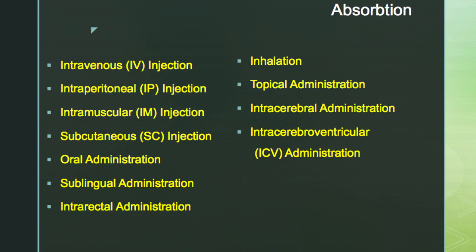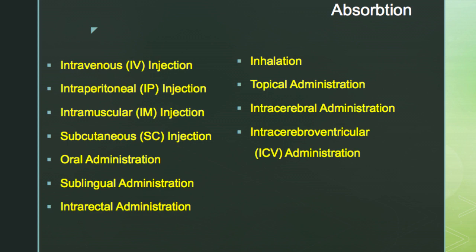Oral administration, obviously through the mouth, that is the drug is swallowed. Sublingual administration is administration of substance by placing it beneath the tongue, and it's absorbed into the skin beneath the tongue. Intrarectal administration, it's a substance that's absorbed through the rectum.